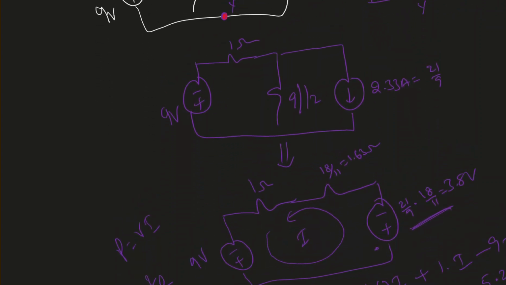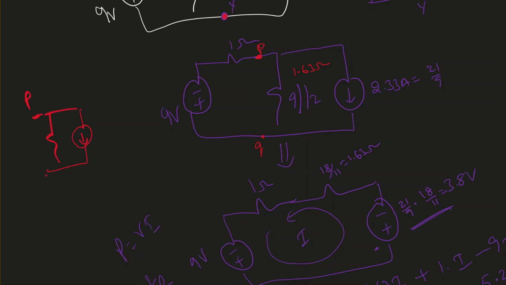So 9 and 2 are in parallel. That value is 1.63 ohm. Now I'm going to cut the circuit at P and Q. I have a current source in parallel with a resistor.